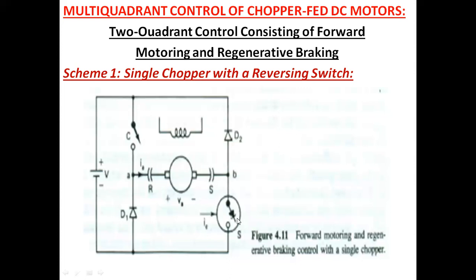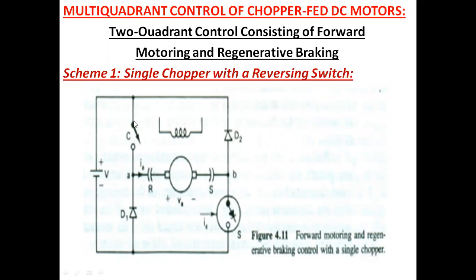Here S is the self-commutated semiconductor switch. As usual, it is operated periodically, remaining closed for delta T and open for (1 minus delta) into T.